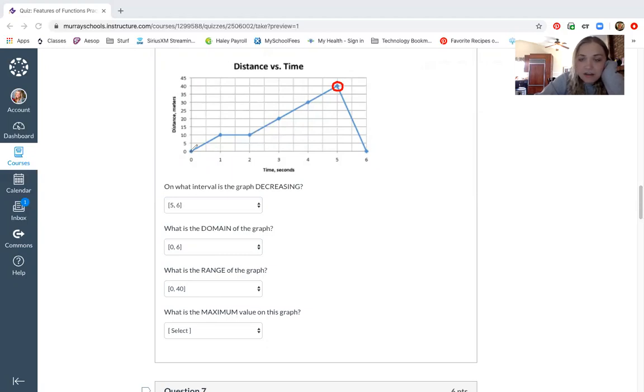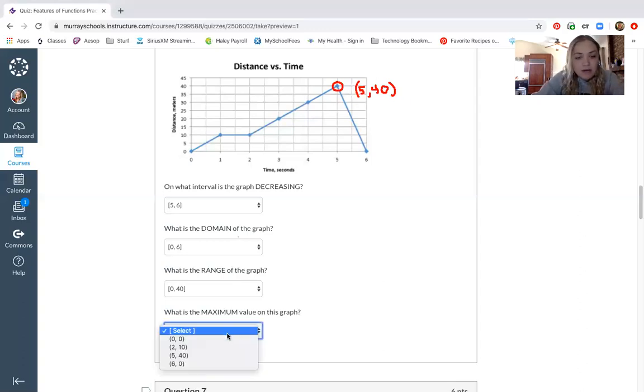How far do I have to move to get to that highest point on the graph? Well, if I start at 0, 0, I have to go to the right 5 spaces, up 40 spaces. There's my answer: 5, 40. And this one is an ordered pair because it's just a coordinate. We don't put brackets around it because it's not an interval. So 5, 40, right there.